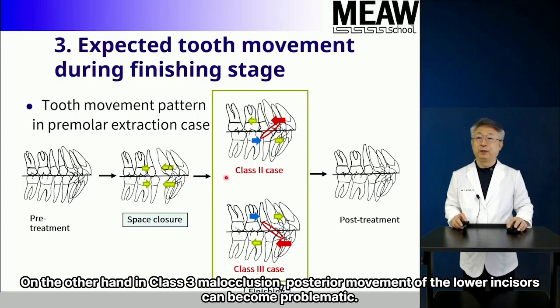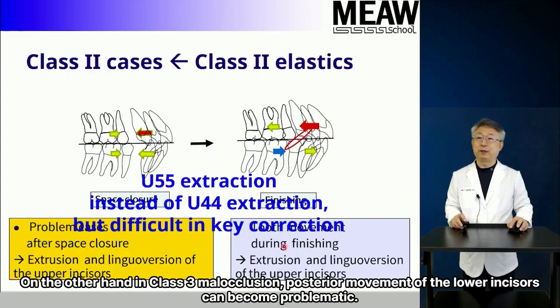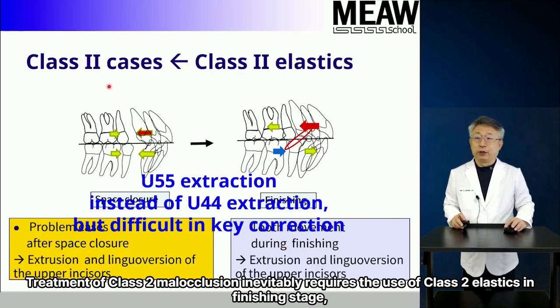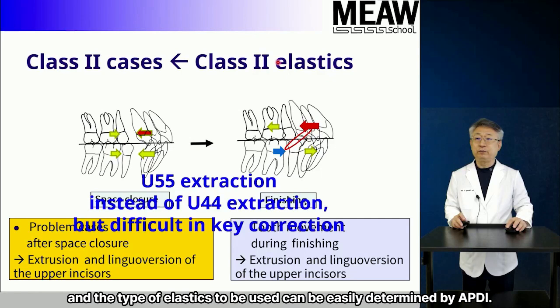On the other hand, in Class 3 malocclusion, posterior movement of the lower incisors can become problematic. Treatment of Class 2 malocclusion inevitably requires the use of Class 2 elastics in finishing stage. And the type of elastics to be used can be easily determined by a PDI.